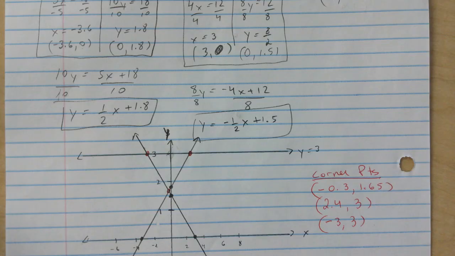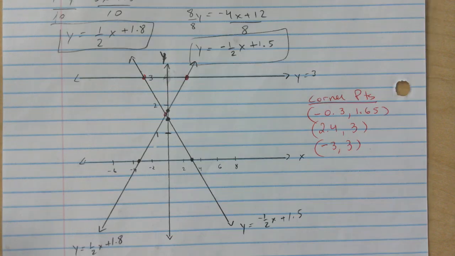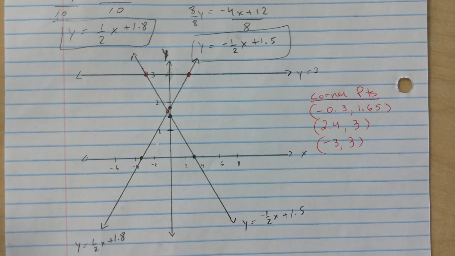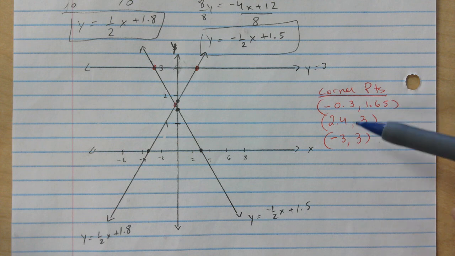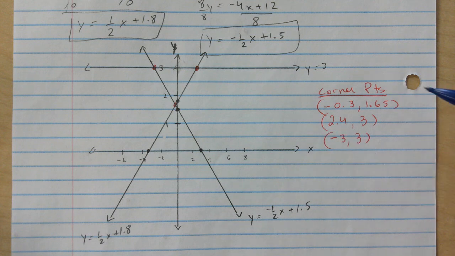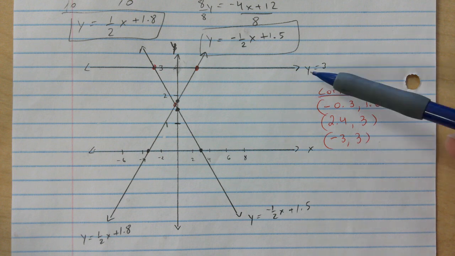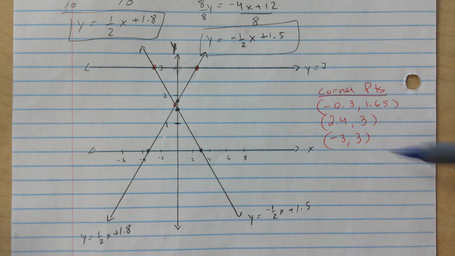Okay, so for C, if you did it right, you get the following corner points. Okay, and there's your graph. If you're looking at it at home, take a screenshot. If you're not done yet, right? But these are the corner points, and two of them have a y value of 3, which makes sense. You have the y equals 3 line there. So write these down quickly, and then I'll also show you what the answers are for D.